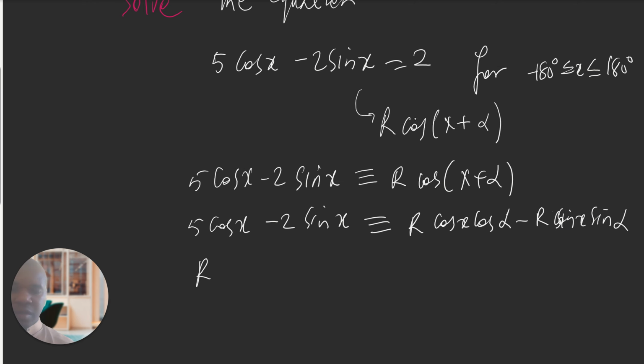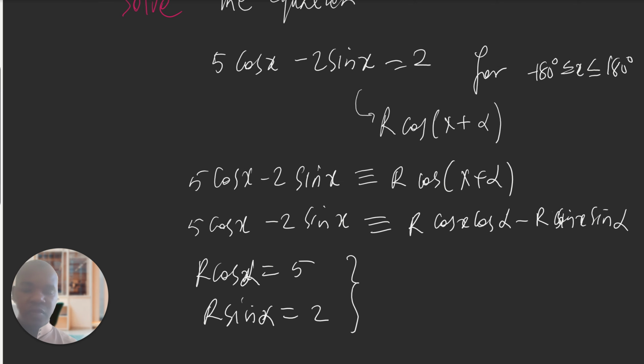When you compare, you have r cosine alpha equals 5 and r sine alpha equals 2.